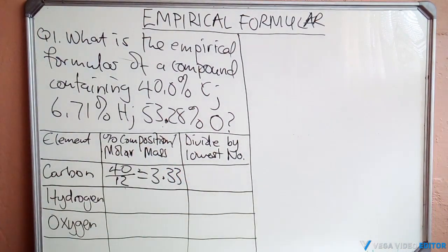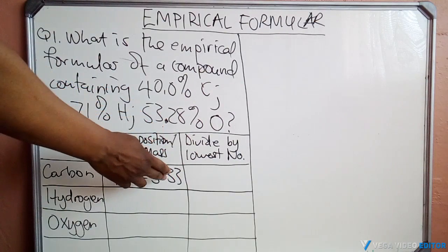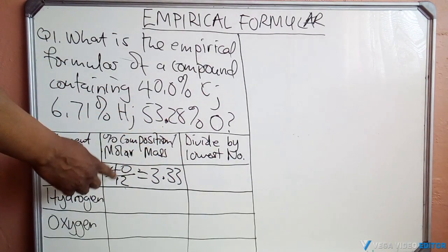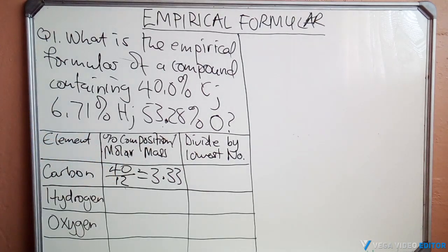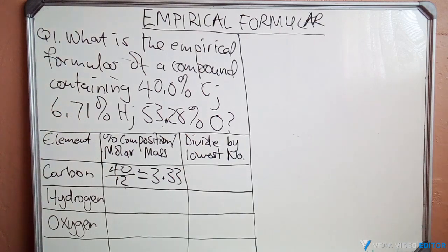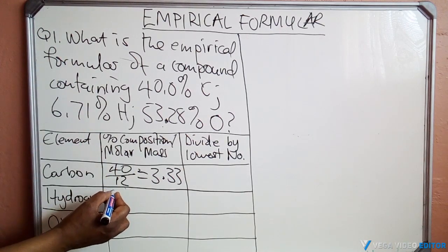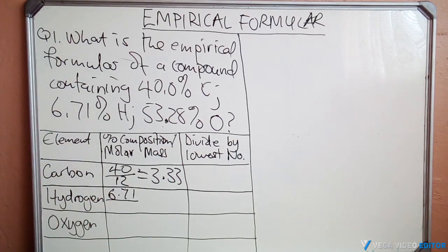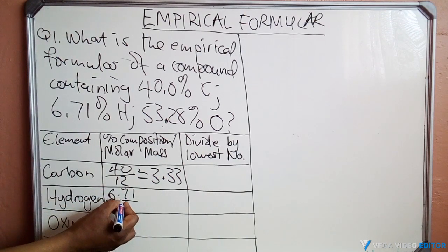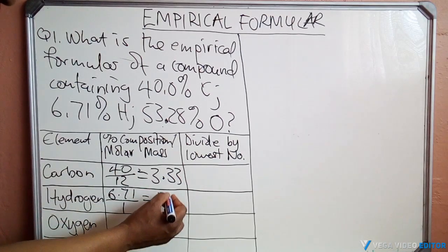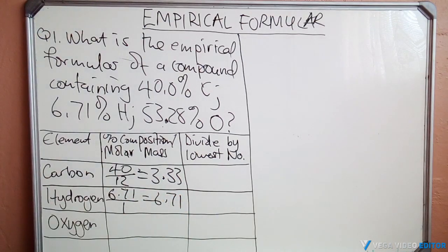So that percentage composition will be 40 divided by 12, giving 3.33. And then next we go to hydrogen. The percentage composition of hydrogen in our case is 6.71 divided by the molar mass of hydrogen, which is 1. This one will give us the same number, 6.71. And then next, oxygen.